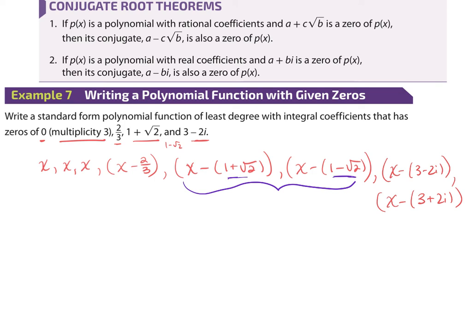So it is easiest to group your conjugates first. Group your conjugates here, group your conjugates here, and then you'll get a nicer one because those will cancel each other out, so to speak. And then you can multiply it with the other guys, okay? So I would group my conjugates up and FOIL those. And then this would be the last thing I do, distribute that x cubed to my final answer.